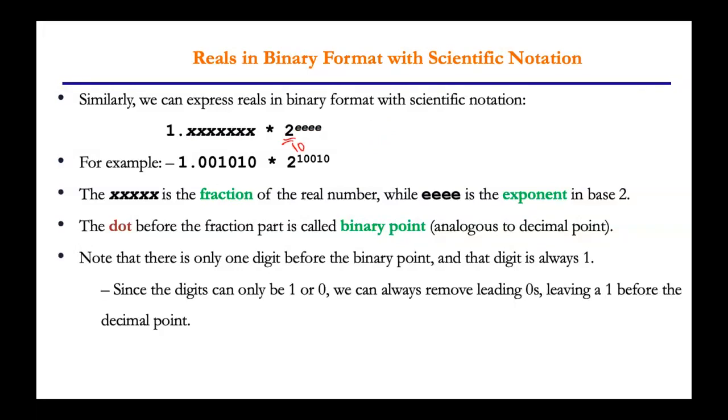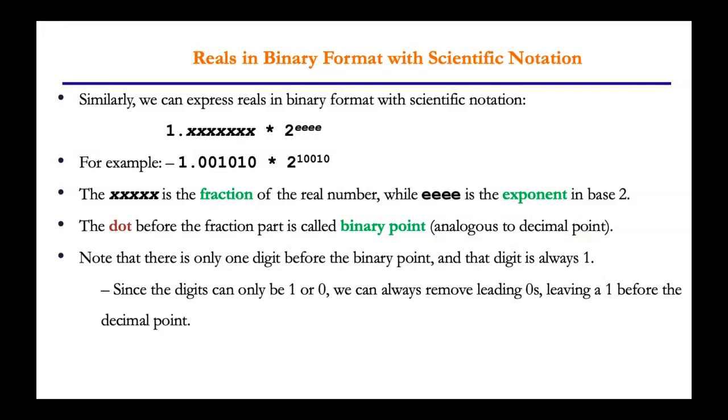If we use 10, it is base 10. If we use 8, it is base 8. If we use 16, it is base 16 or hexadecimal. So the dot before the fraction part is called the binary point. If it is base 10, then we call it the decimal point. If it is 8, then we call it the octal point, which is similar to your decimal point.